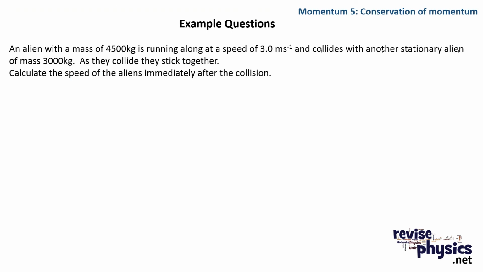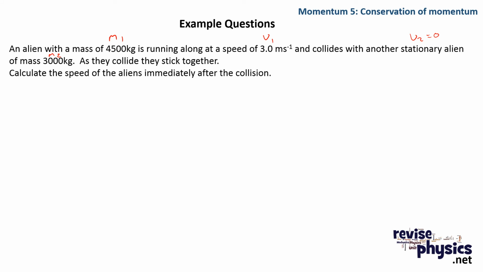So let's look at the kind of question that you might get on this. An alien with mass of 4,500 kilograms running along at a speed of 3 meters per second, so there's m1, u1, collides with a stationary alien, so we know that u2 is 0, and that has a mass of 3,000, and they stick together as they collide.